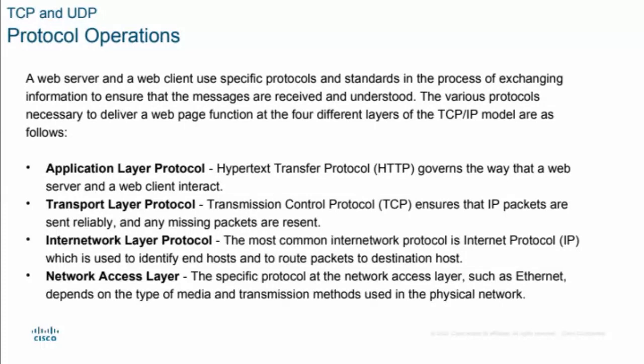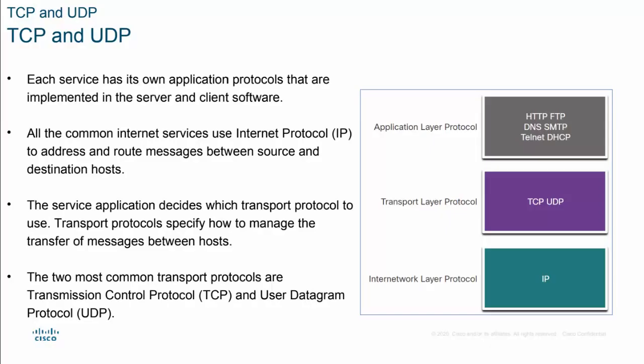We have application layer protocols such as HTTP, HTTPS. We have transport layer protocols, UDP, TCP. We have an internetwork layer protocol such as IP. We have network access layer protocols such as Ethernet. Please remember, this is an important slide. TCP and UDP.